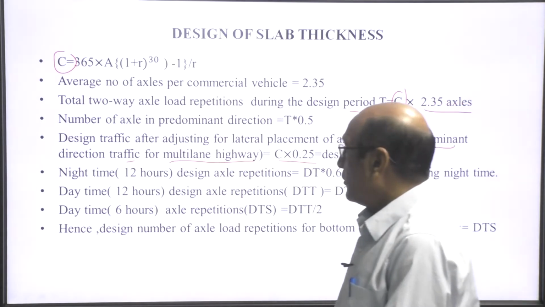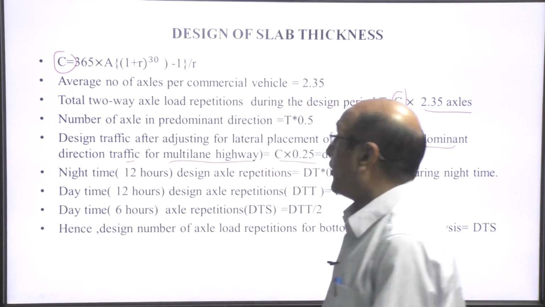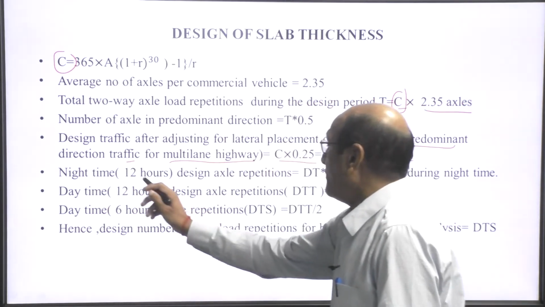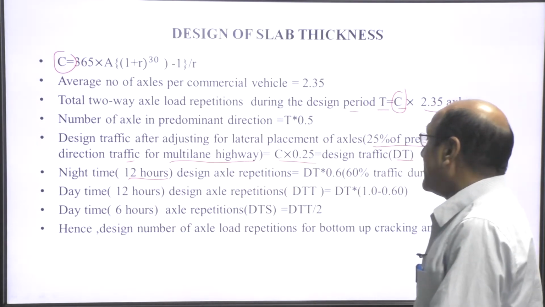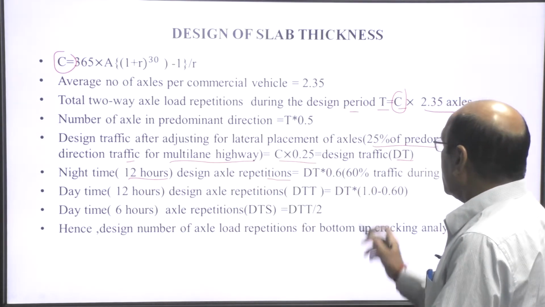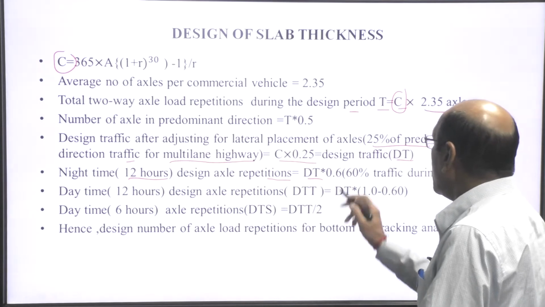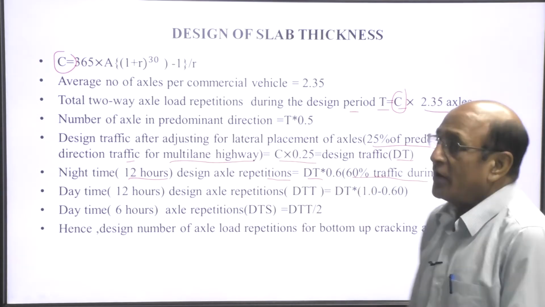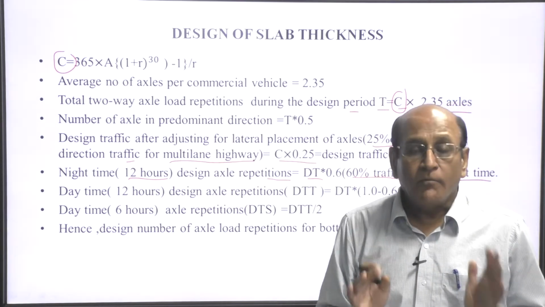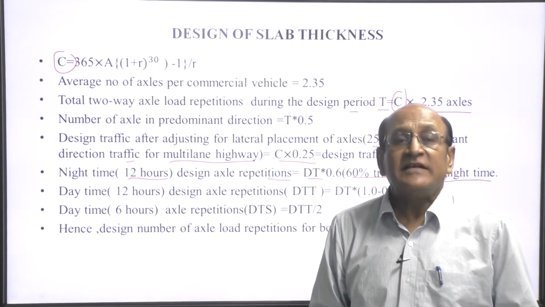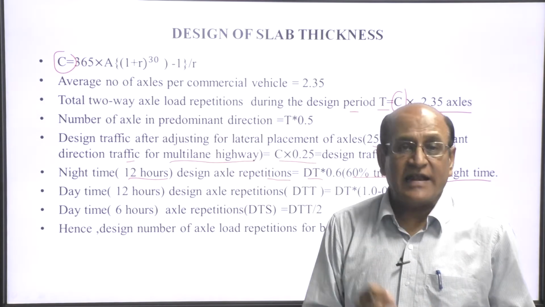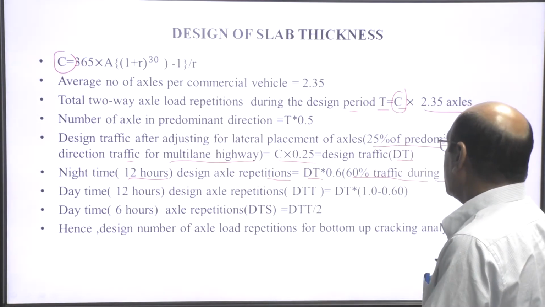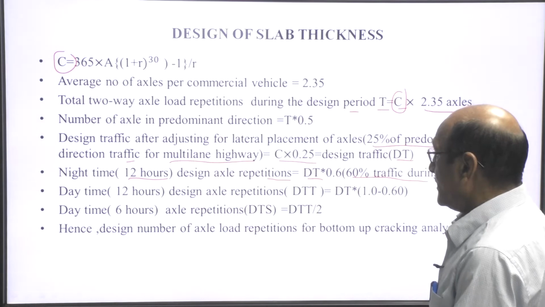Now come to the night time for 12 hours. Night time for 12 hours design axle repetition will be DT into 0.6, meaning 60% of traffic during the night time, meaning commercial vehicles are moving on the highway 60% during night time. So it has been taken as 0.6.